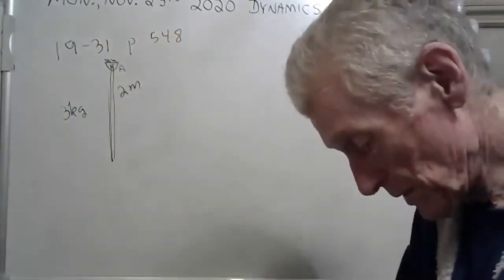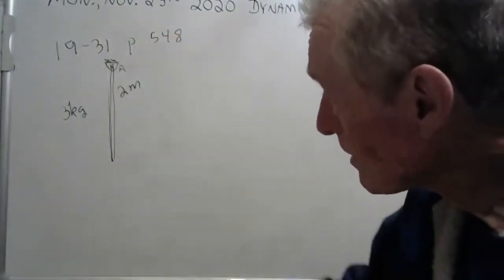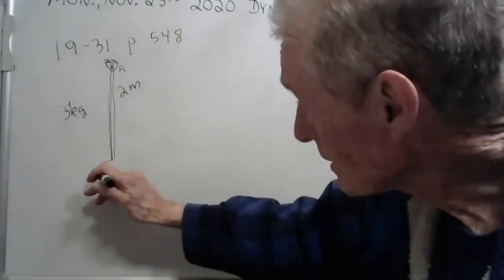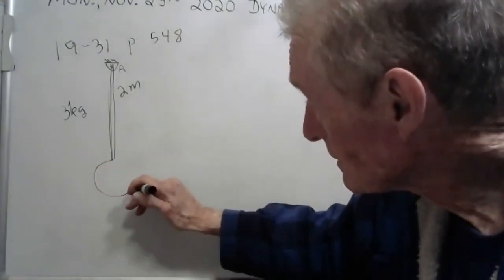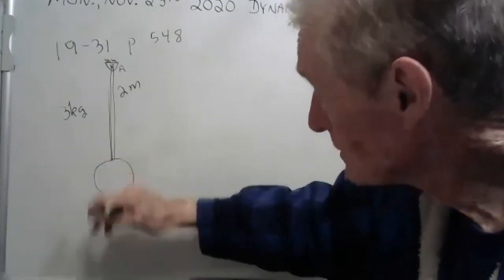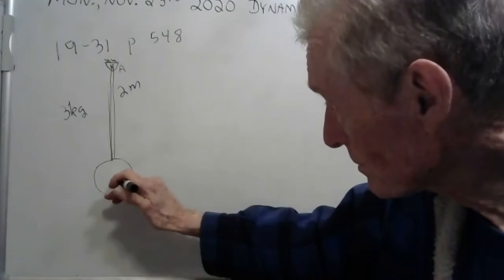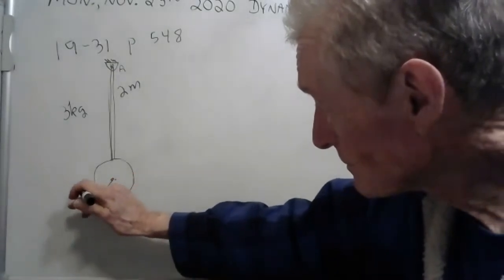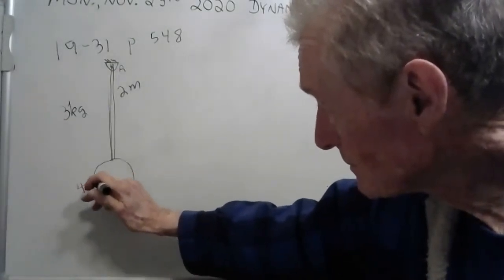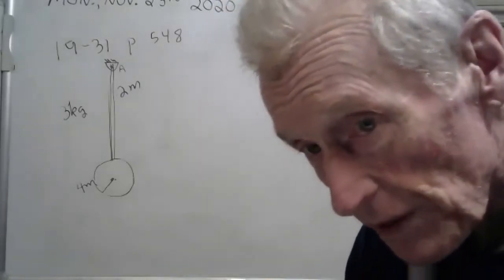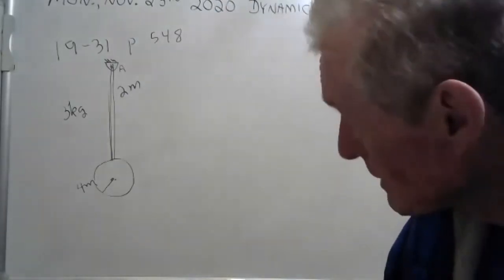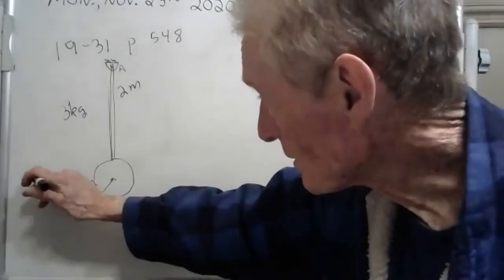But down here at B, they have a disc of radius 0.4 meters. And there's this little bullet coming in here.